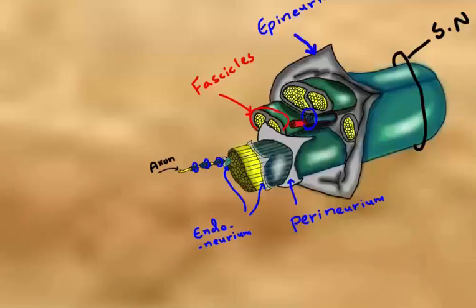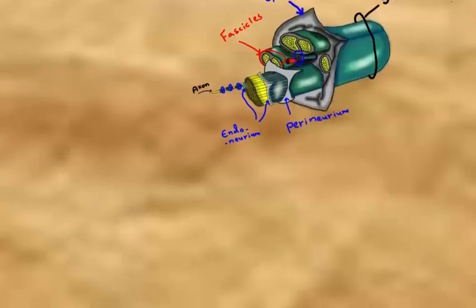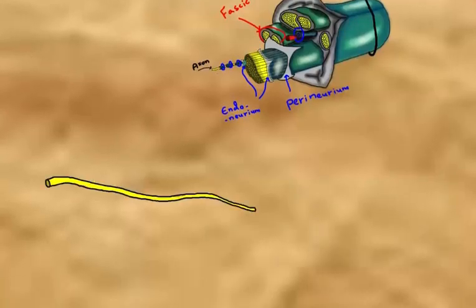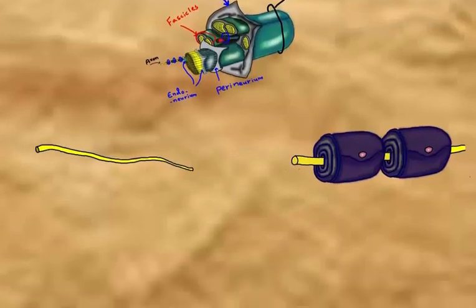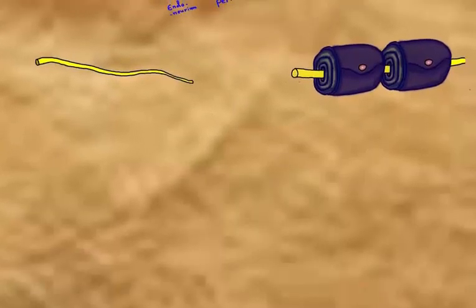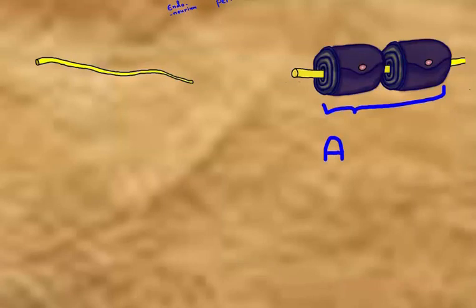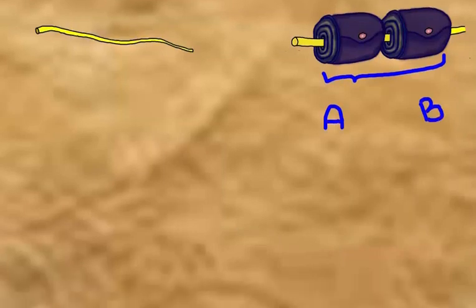Now, nerve fibers or axons are either myelinated or unmyelinated fibers. Myelinated fibers, according to the degree of myelination, are divided into type A fibers and type B fibers. Type A are subdivided into alpha, beta, gamma, and delta fibers.